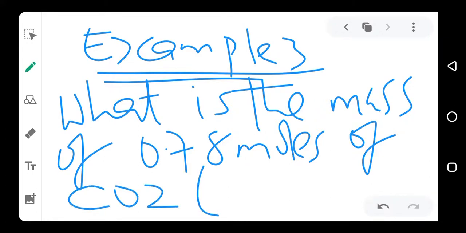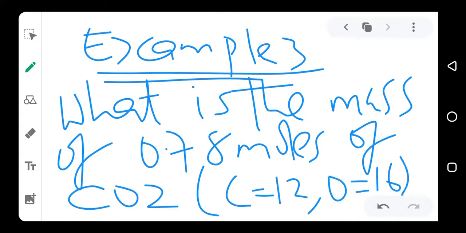We may be given the atomic mass of carbon as 12 and that of oxygen as 16. What is the mass of 0.78 moles of CO2?